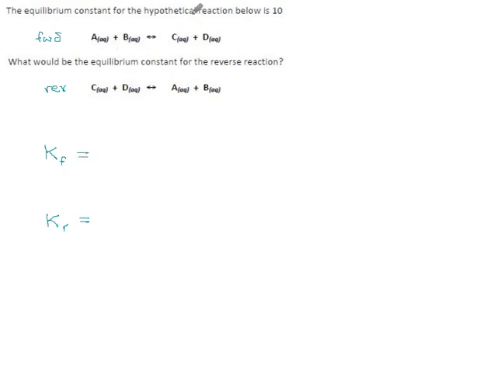For the forward reaction, the K is products over reactants, so it's C times D over A times B. Concentrations of the products, and they're both first powers, over concentrations of the reactants, and they told us that comes out to 10. For the reverse reaction, now the products are A and B. Oops, sorry, not together, though.